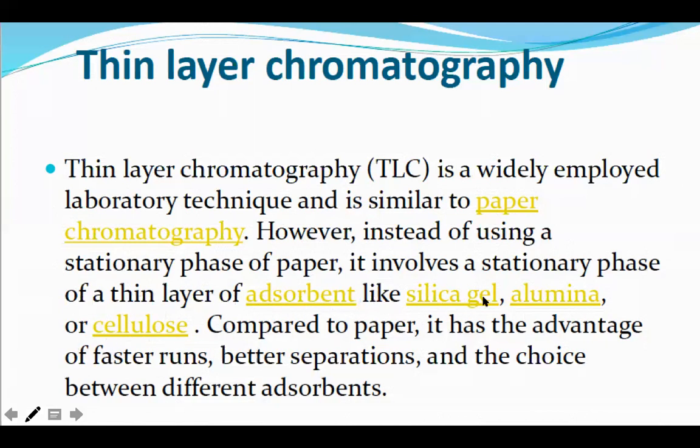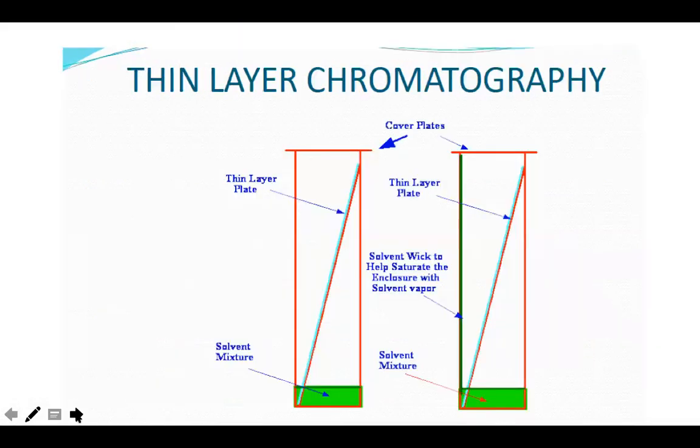These are the adsorbents used on a glass or aluminum plate in a thin layer, and the solvent runs through the adsorbent. Compared to paper, it has the advantage of faster runs, better separation, and the choice between different adsorbents. So you can use different adsorbents to see which adsorbent is better for separation of your mixture. Here you can see this is a thin layer plate and a solvent mixture here.